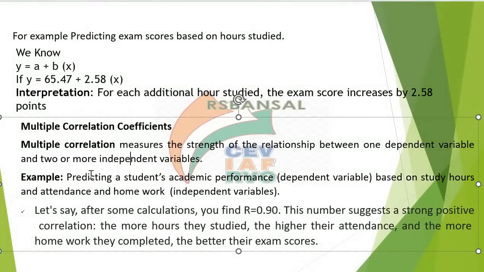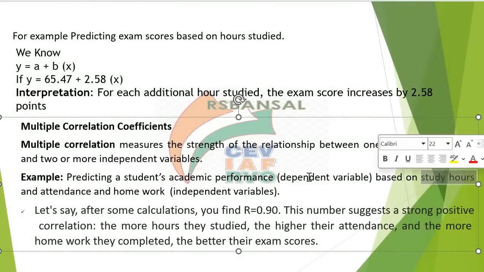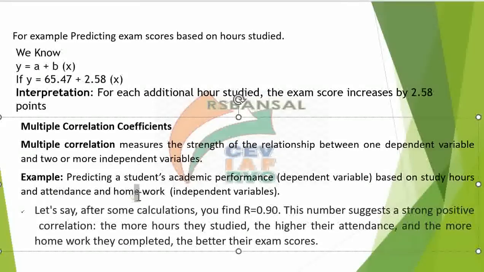For example, predicting a student's academic performance, which is the dependent variable, is based upon three independent variables: study hours, attendance, and homework.